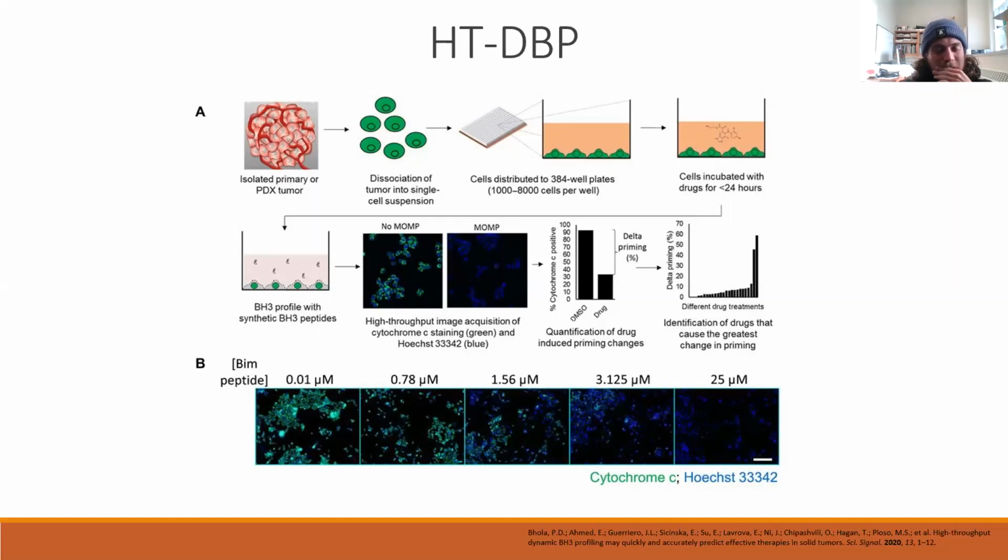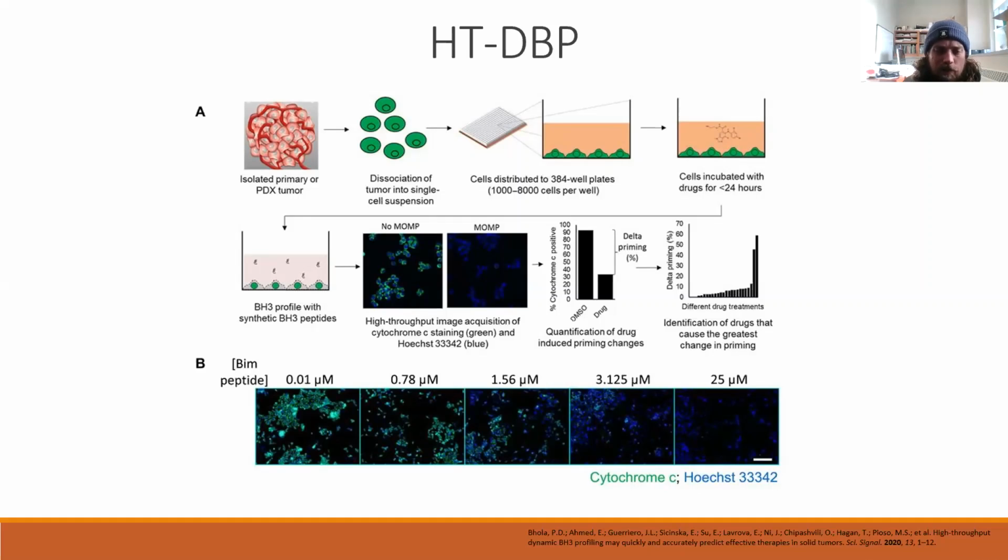Yeah, I'd have to look over the paper again. I was just introducing this because it's a relatively new paper, as a way that you could apply the same framework to a new type of protocol. So I thought it was interesting that they were able to do an immunofluorescent version of BH3.